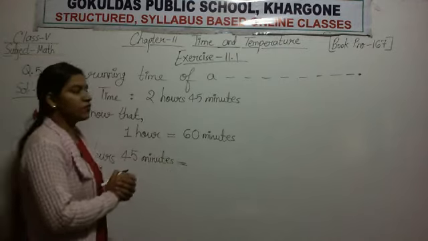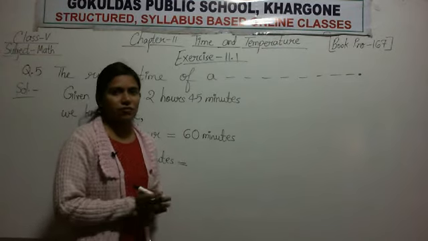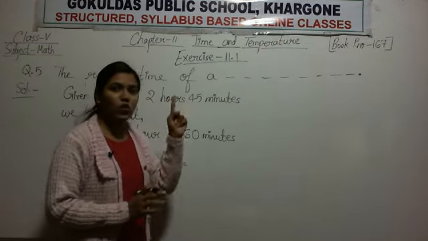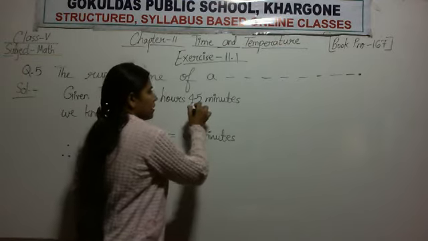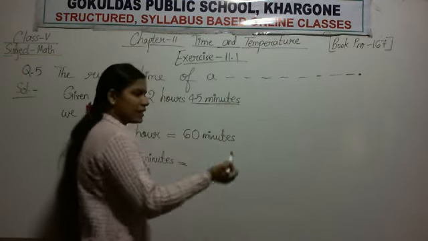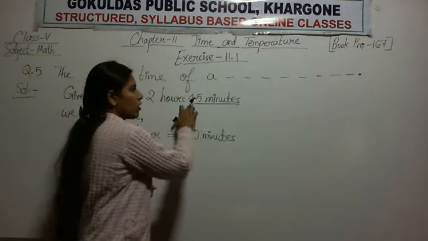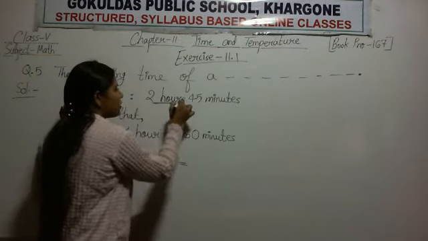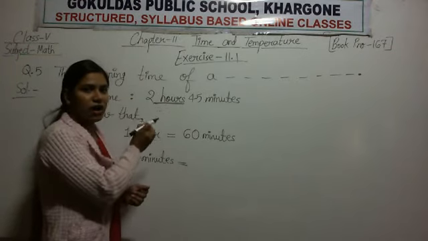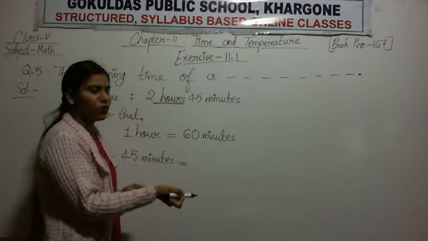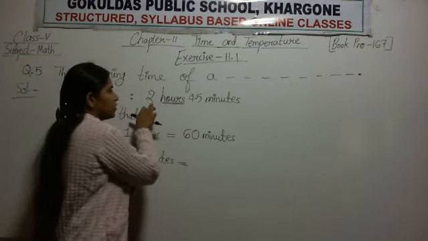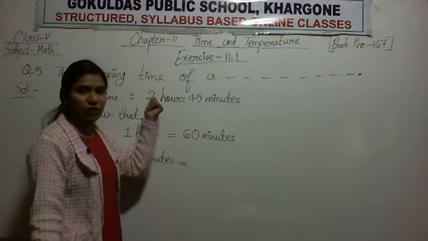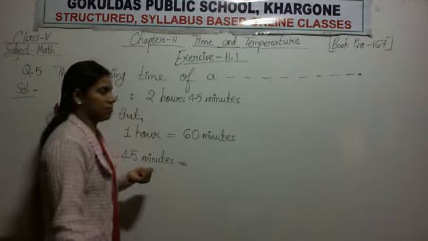Now observe here, we are converting into minutes. What is our task? Our task is to convert this given time into minutes. Here 45 minutes is already in minutes, so no need to convert for 45 minutes. We will only convert the hours into minutes. To convert hours into minute, we multiply the number of hours by 60.